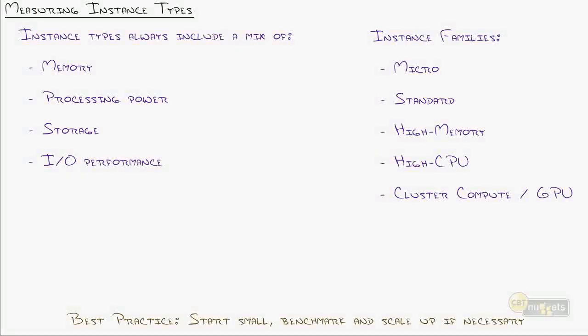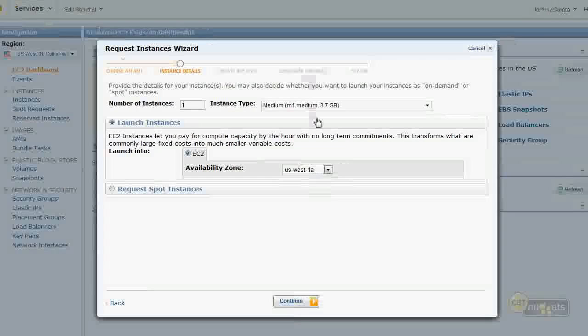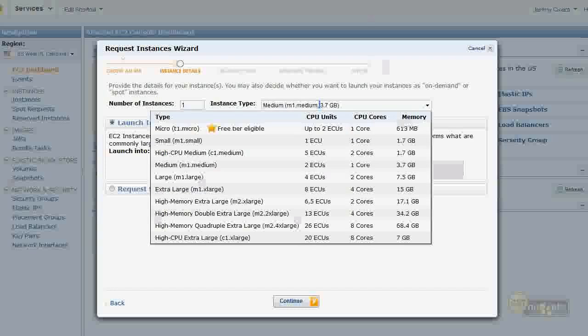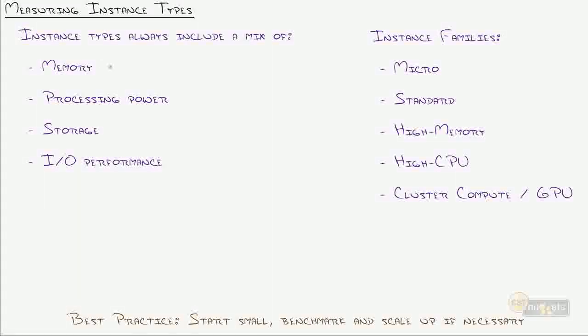There's always a mix of 4 components inside of an instance type. And you're only seeing a portion of it right here. You're seeing the CPU and the memory. But inside of there, you have the memory. You have the CPU, or processing power, in terms of ECUs, EC2 computing units. We'll talk about those in just a second. Every instance actually includes storage as well.